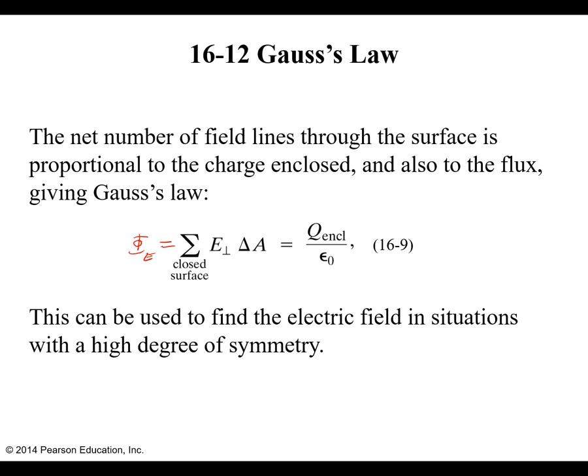It's going to be the sum of our E perpendiculars times A. Gauss's law says that that value is equal to whatever charge is inside our surface divided by epsilon naught, which we saw earlier. That was 8.85 times 10 to the minus 12 coulomb squared per newton meter squared.